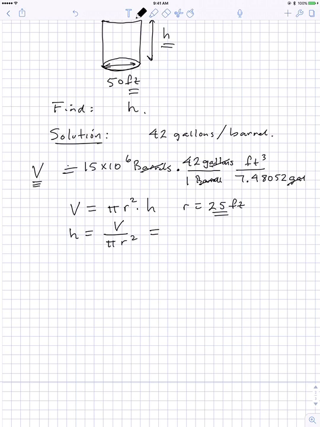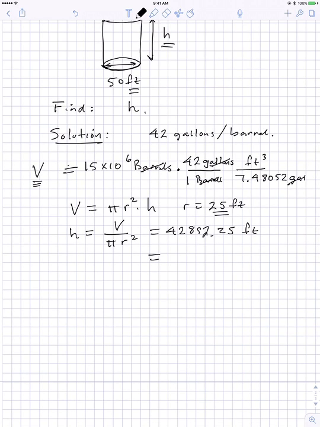Use your calculator at that point. When I do those calculations, I get 42,892.25. Of course, that's carrying way too many significant digits. This would be in feet.